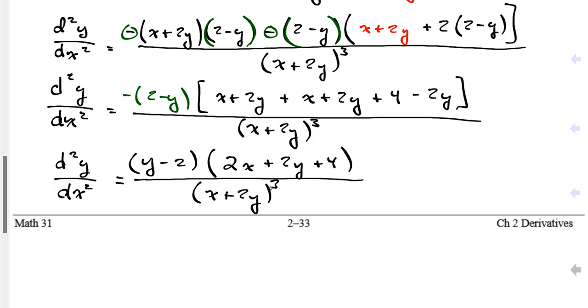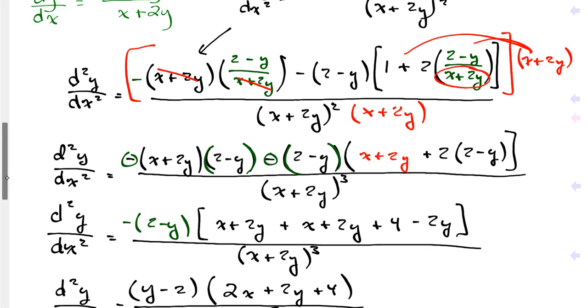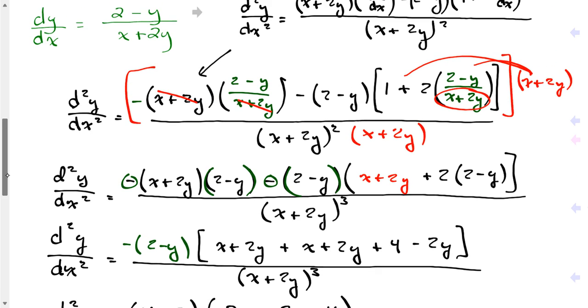Up to there, how are we doing? I'll show you. So back when you had a 1 in the equation, I would have 1 plus 2 divided by, right? So way back here, where I have this one. What I did was I turned it into x plus 2y over x plus 2y. So everything would be under the same, over the common denominator. Then I got x plus 2y in my thing instead of 2 minus y.